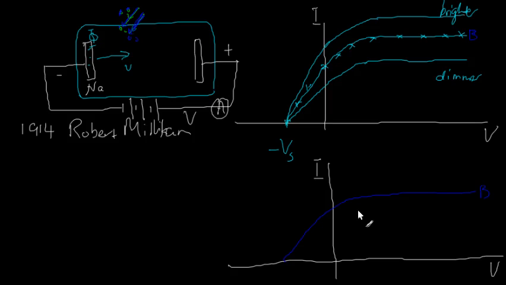so that's green light of similar brightness, so that the final current is similar, right? It's not so different. But as the voltage is reduced and then reversed, it was found that the current comes to zero at a different voltage, at a lower voltage.